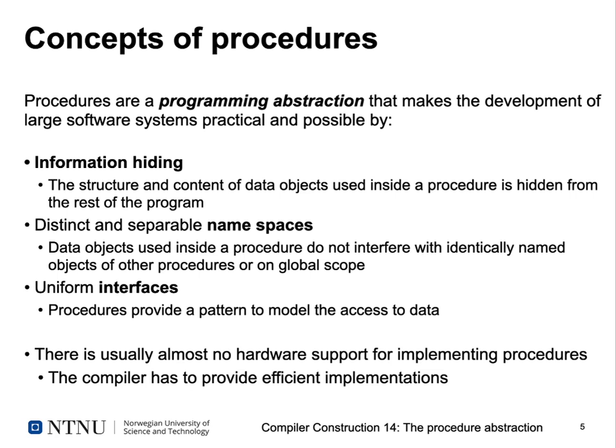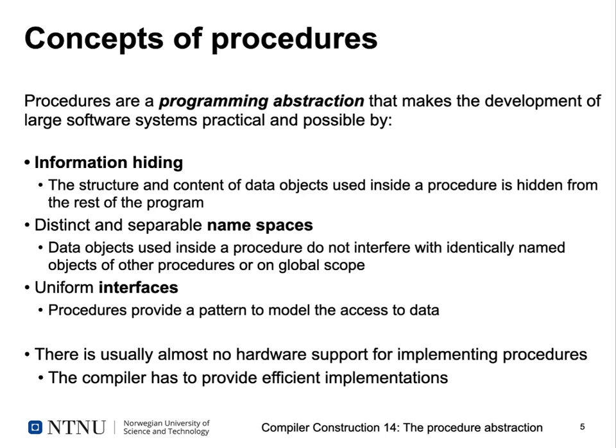So for example, I can't see what's going on inside of a procedure, unless I have the source code, obviously. And more important, I cannot get any access to local variables inside of my function. And this is important because then I can ensure that only my function itself can change its local values.